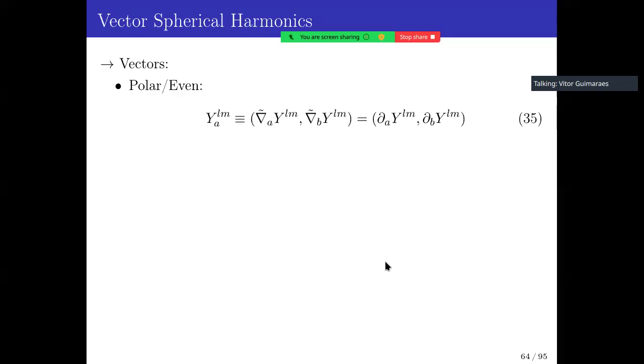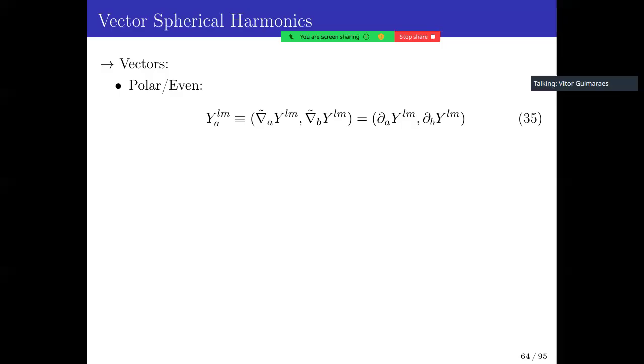So now we're going to define the polar/even. I'm using both of the labels because, depending on which reference you go to, this would be called either polar or even. So I'm using both here so that I can provide you a way to connect one reference to the other.